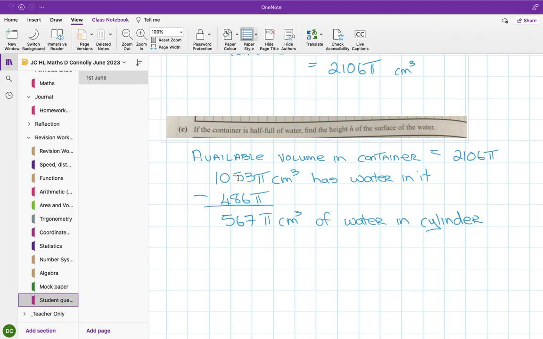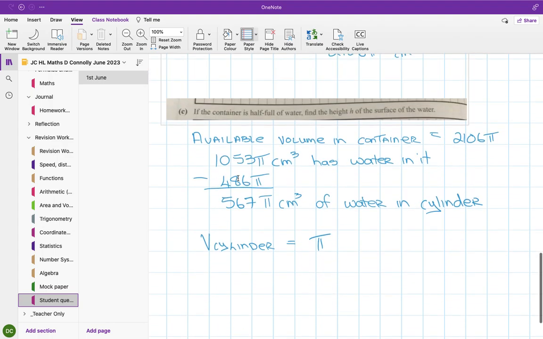So I wrote up above that the volume of a cylinder is pi r squared h. The volume of water that we're dealing with is 567 pi in the cylinder. And then the radius of the cylinder is 9, squared.